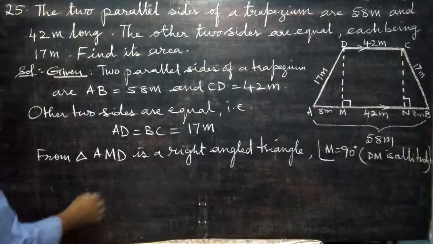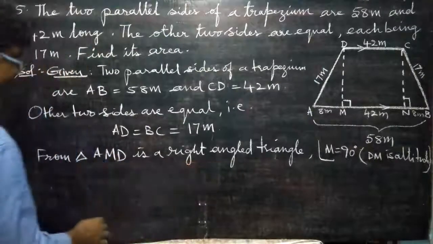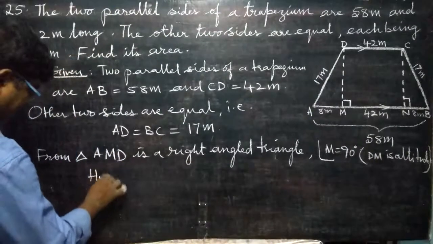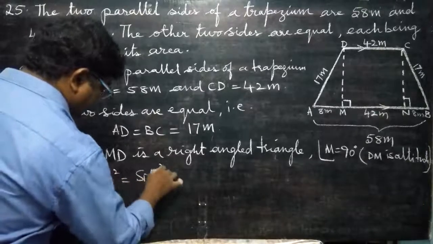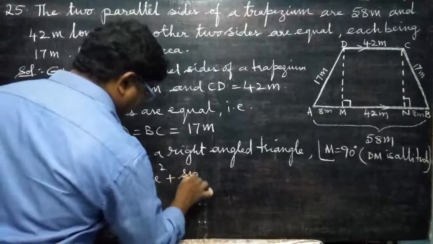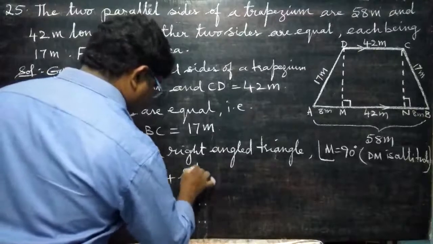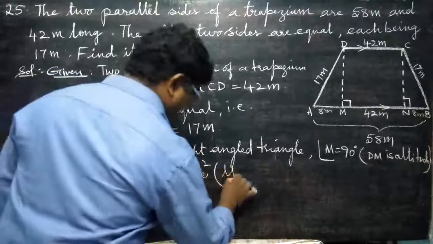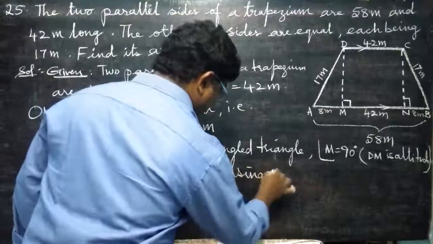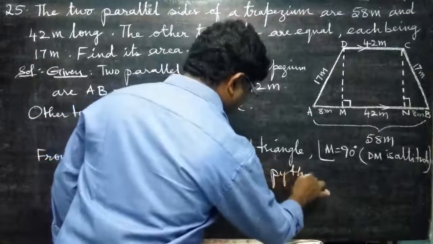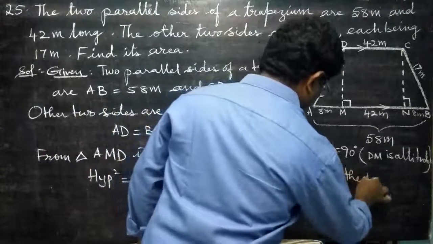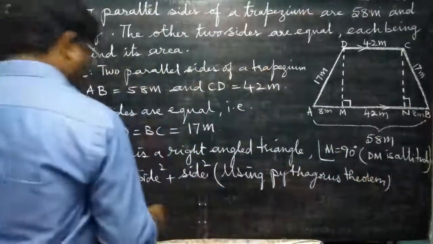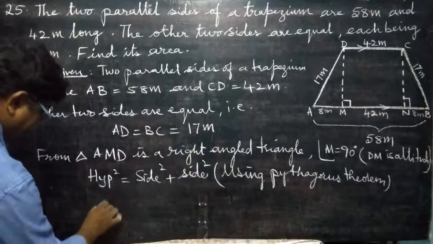Now, when we say right angle triangle, we know the theorem. In a right angle triangle, the square of the hypotenuse is equal to the sum of the squares of the other two sides. So, using Pythagoras theorem, what is the hypotenuse? AD.